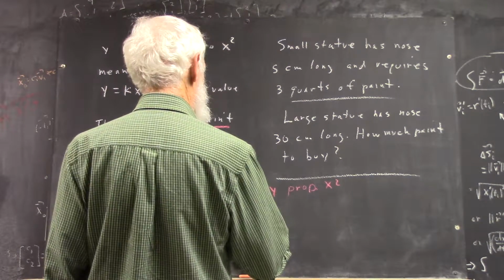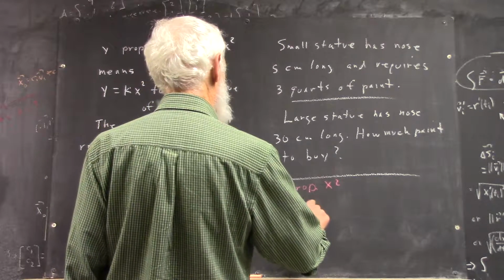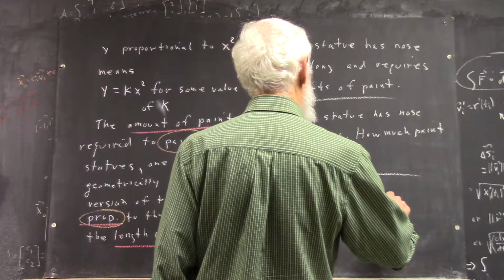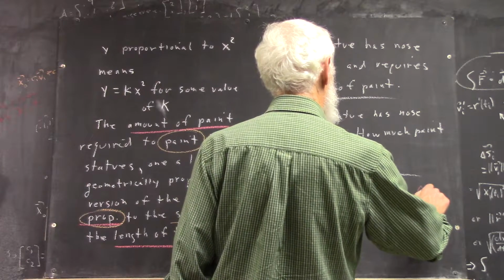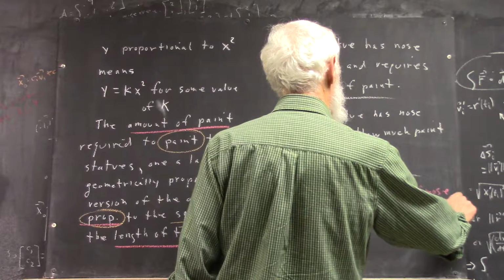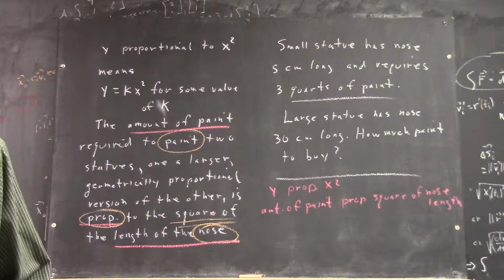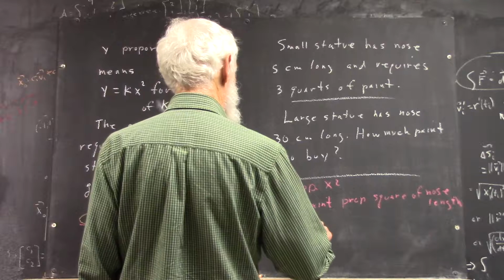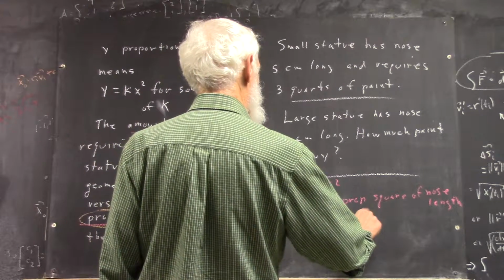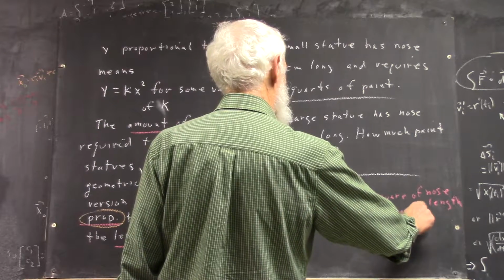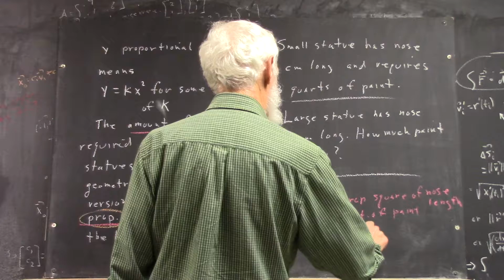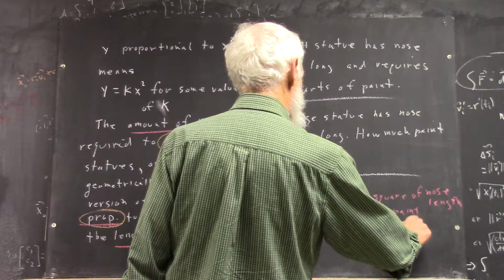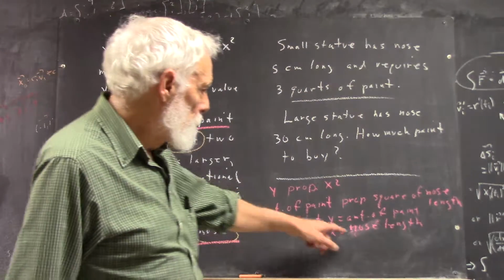And the amount of paint is proportional to the square of nose length. So Y is the amount of paint, X is the nose length, right?